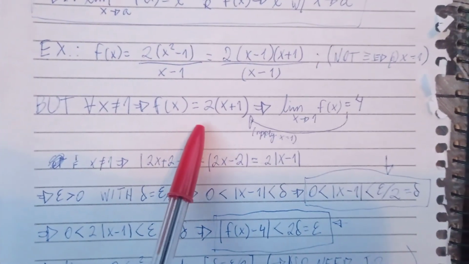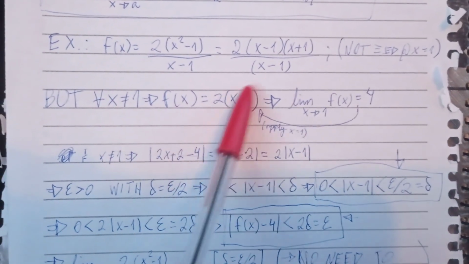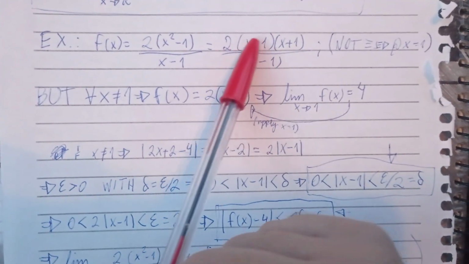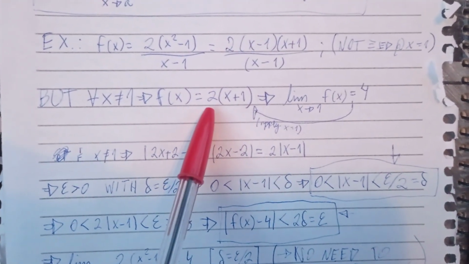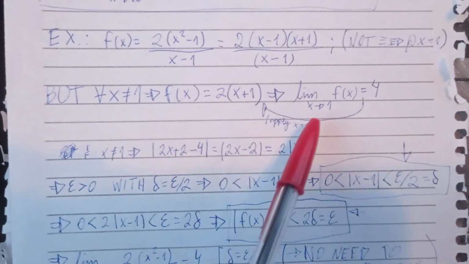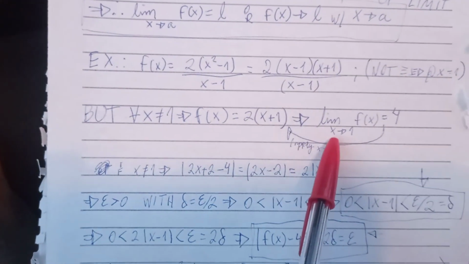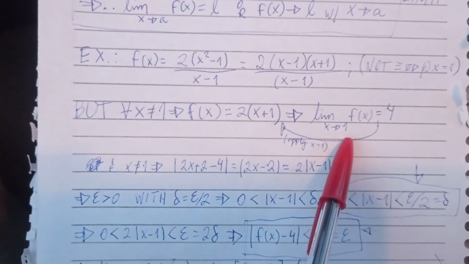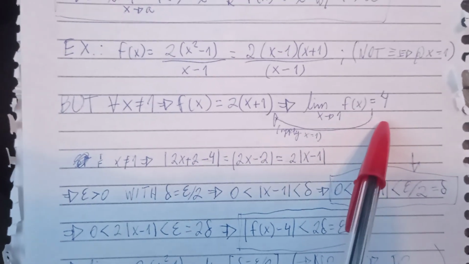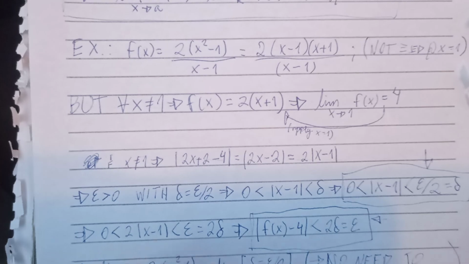So if we want to have x different than 1, this is the same as canceling both of these terms here, and we get 2 times x plus 1, which is 2x plus 2. And if we go for x going to 1, the limit of this function is going to be 4. I am affirming this. I didn't prove this yet.